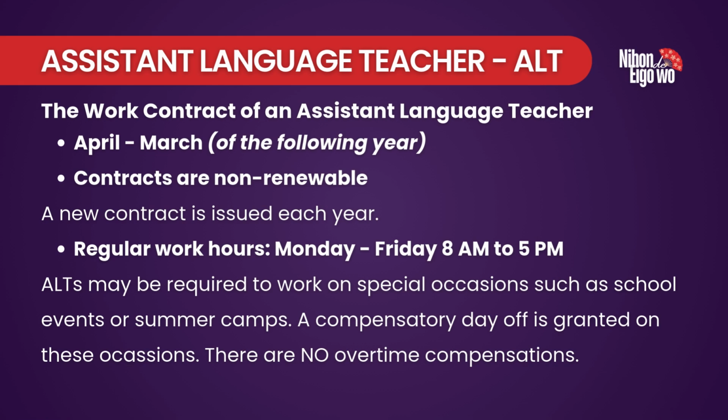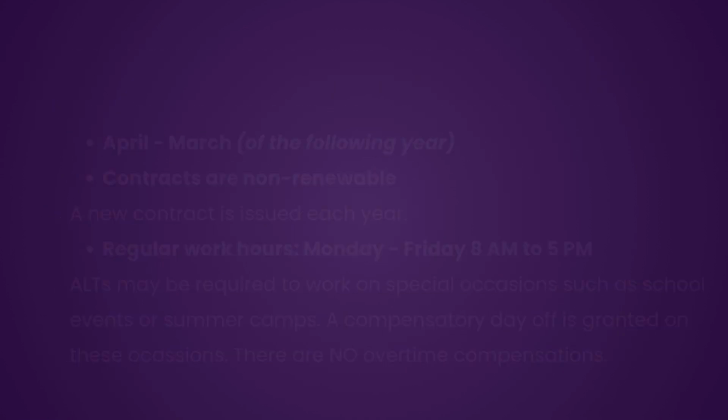The contracts are non-renewable. This means that you get a new contract issued to you every single year if it is decided that the company wishes to re-employ you for that next year. And this is usually dependent on the satisfaction that the school and the BOE have with the ALT's performance.